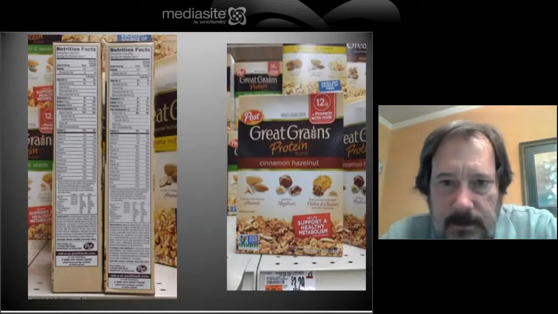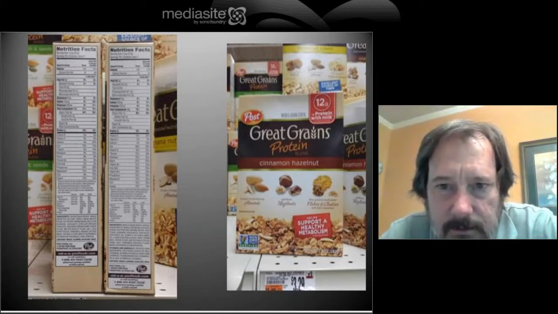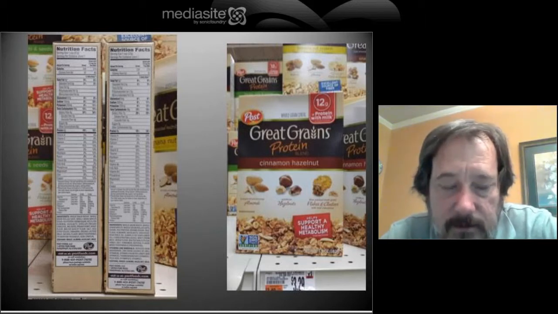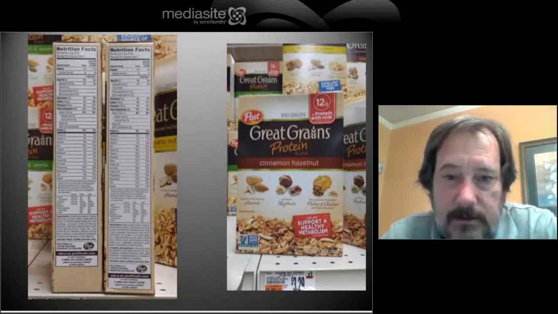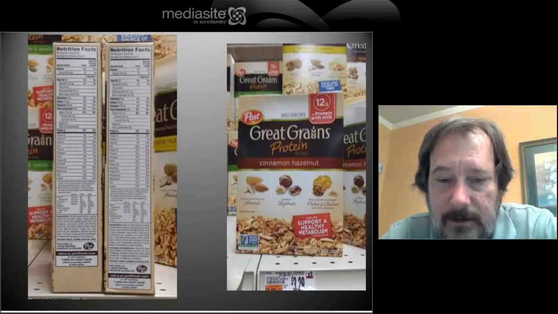If you look at the nutrition facts or the labeling for this same cereal, the box on the left is the regular one and the box on the right is the non-GMO. You can see that several of the vitamin levels in the non-GMO are either 0 or lower, and that's because biotechnology is used a lot in the vitamin industry.